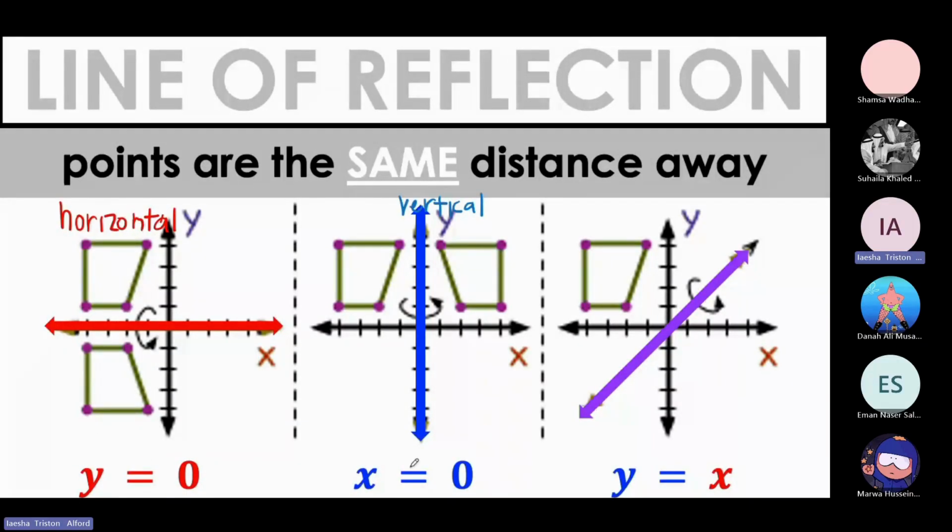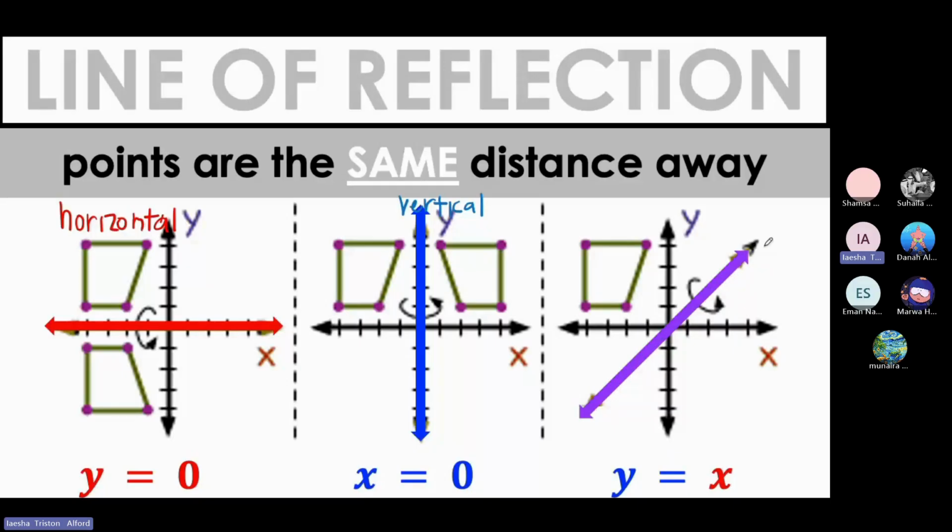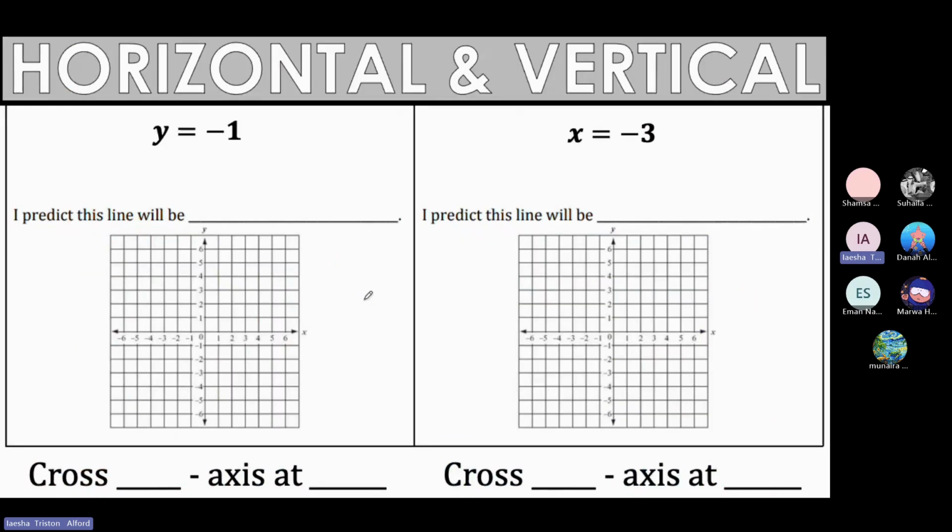Vertical, they start with x equal. In this picture, this line is y equals 0. In this picture, this line is x equals 0, right? And then we also have a third line that maybe they will ask you about. It's called y equal x. So this is a diagonal line and it should be going positive. So they could give you any one of these 3 lines of reflection. We're going to start with the horizontal and vertical.